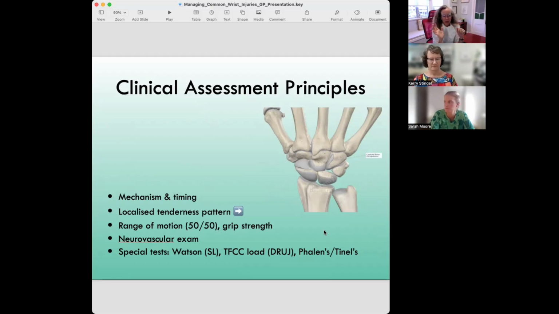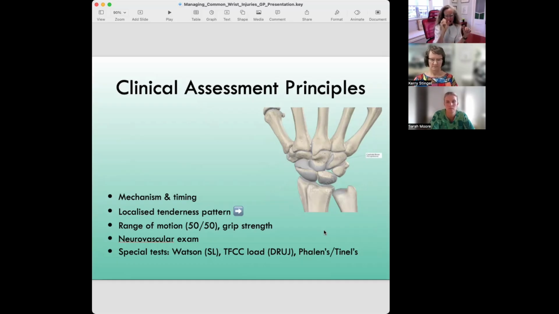I think if a patient has a range of motion of 50-50, from a GP perspective, I think they're on track. They're doing okay, they're probably going to be fine. But if you're trying to work out, do I refer, what do I do? If they are starting to hit 50-50 and they think they're getting better, that's a good thing.